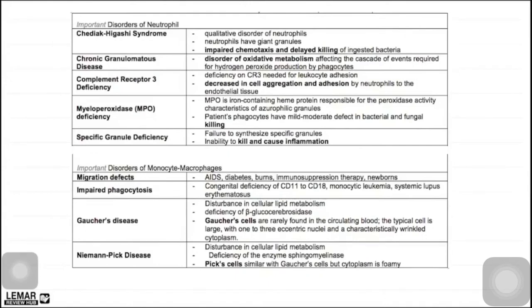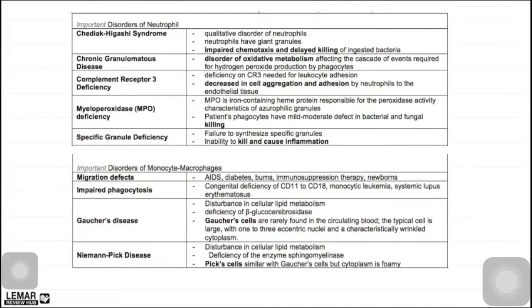These are rarely seen in circulating blood, but are found in the bone marrow, spleen, and other organs in the mononuclear phagocyte system. So what is presented in a Gaucher cell? The cell typically presents as a large cell with 1 to 3 eccentric nuclei and characteristically wrinkled cytoplasm.